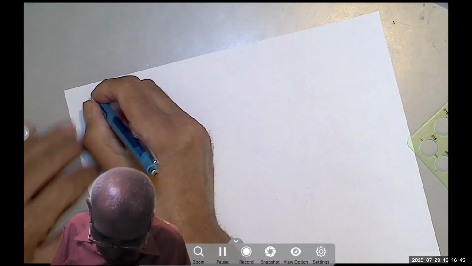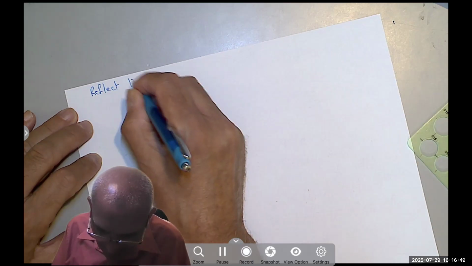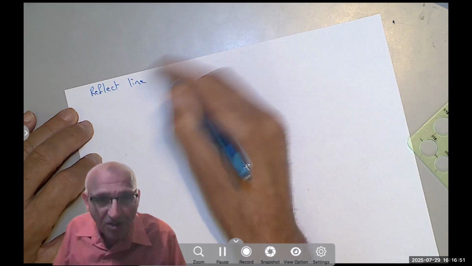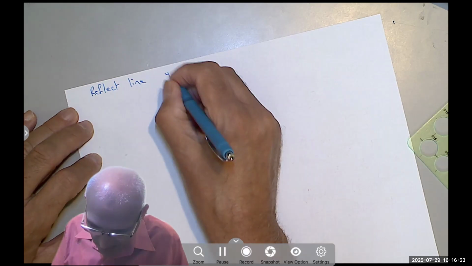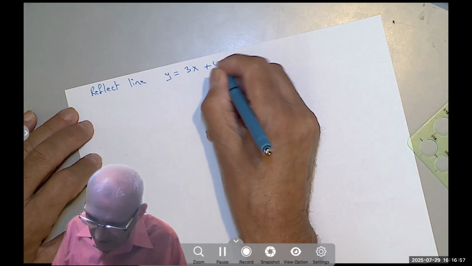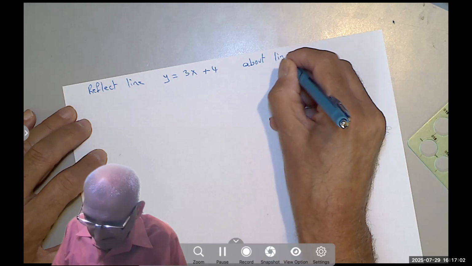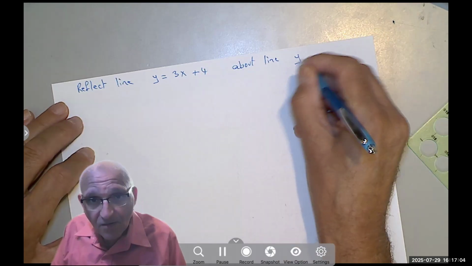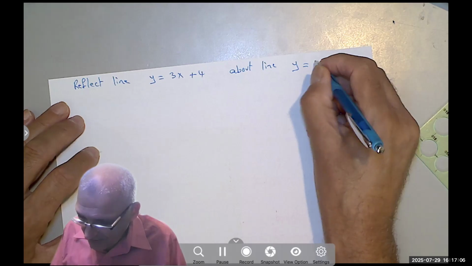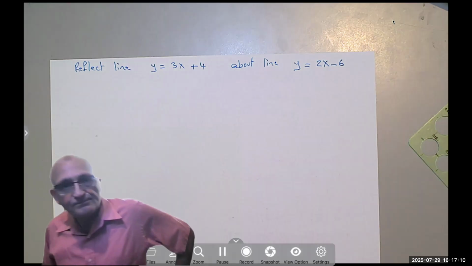It doesn't matter. So let's say reflect a line, and let's make an equation y equals, let's say, 3x plus 4 about another line, y equals 2x minus 6. Whatever.